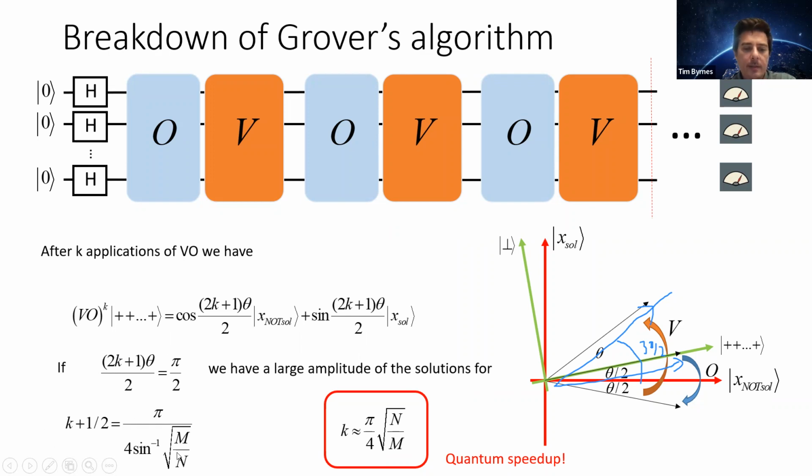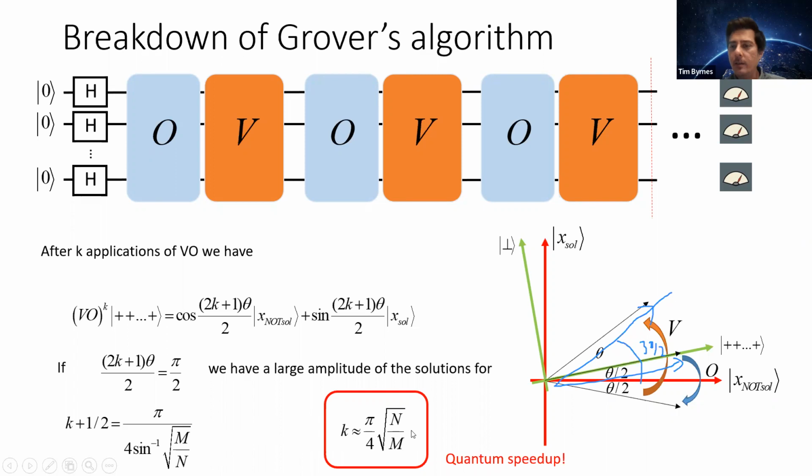And if you assume that n is quite large, which is the typical case, then we can figure out that k is something like the square root, because inverse sine you can approximate if the argument is small. Inverse sine is very similar to just a linear function. So k should be equal to pi over 4 times square root of n over m.